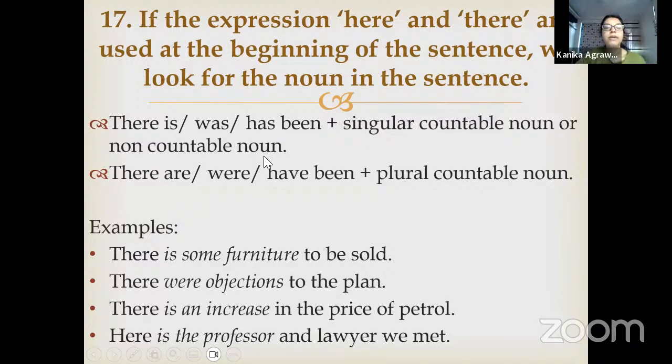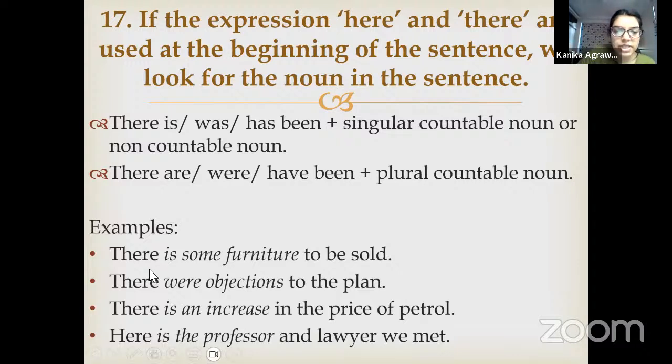Okay. So countable noun basically means you are able to count. Let's say some furniture. Some furniture is uncountable because you don't know how many. If it is bed or table, you can count that. But furniture cannot be counted.